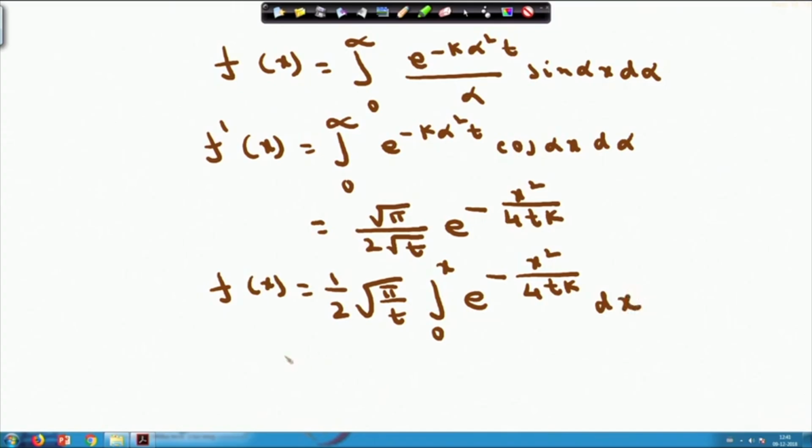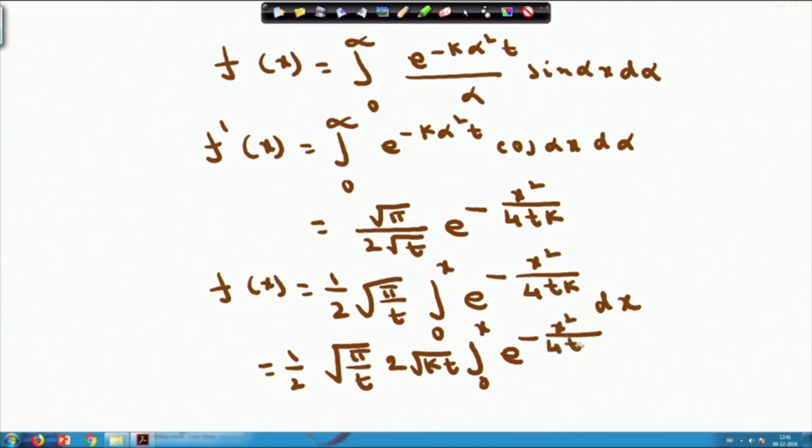And this, if you evaluate again, you can write down as half into root pi by t into 2 root k t, just some modification we are making, integral 0 to x e power minus x square by 4 t k into d of x by 2 root k t. That is the reason this 2 root k t is coming over here.